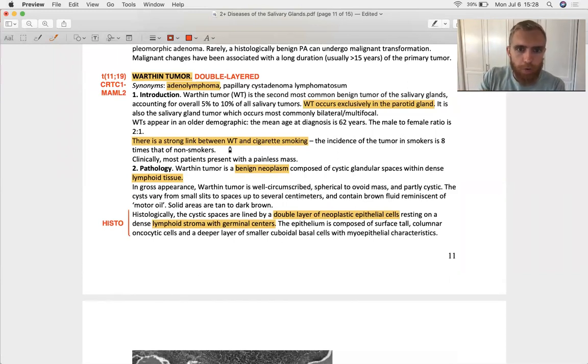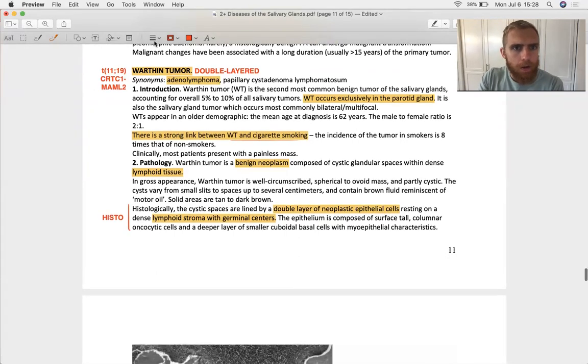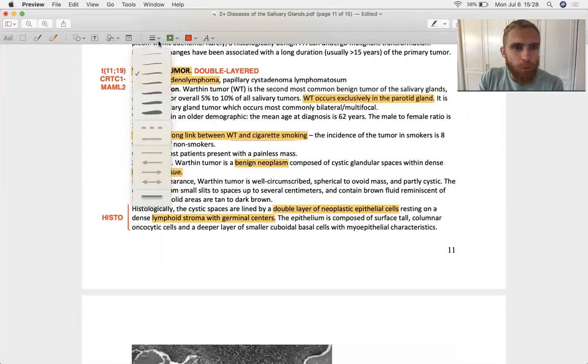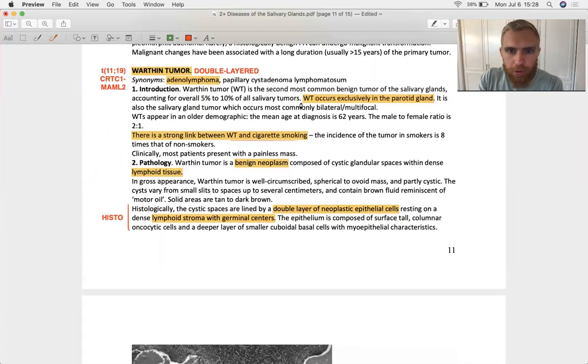Strong link between Warthin tumor and cigarette smoking. It is super worthwhile to know that Warthin tumor occurs almost exclusively in the parotid gland. That's a really ugly box there. That's better.